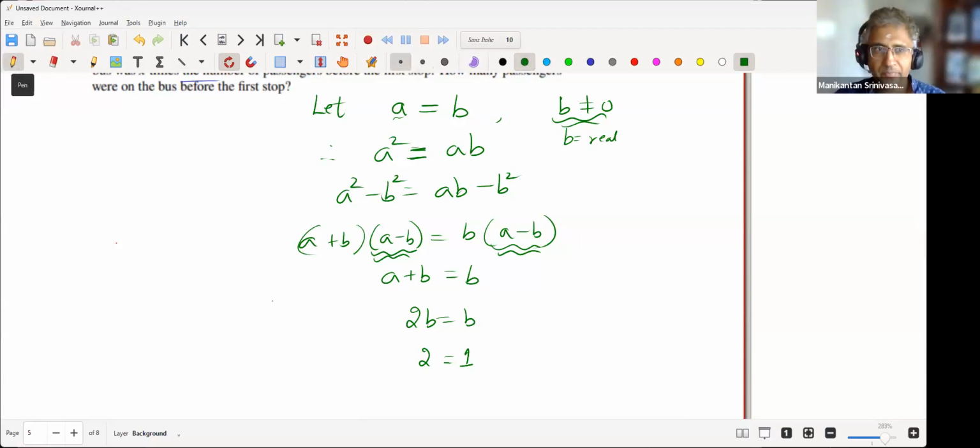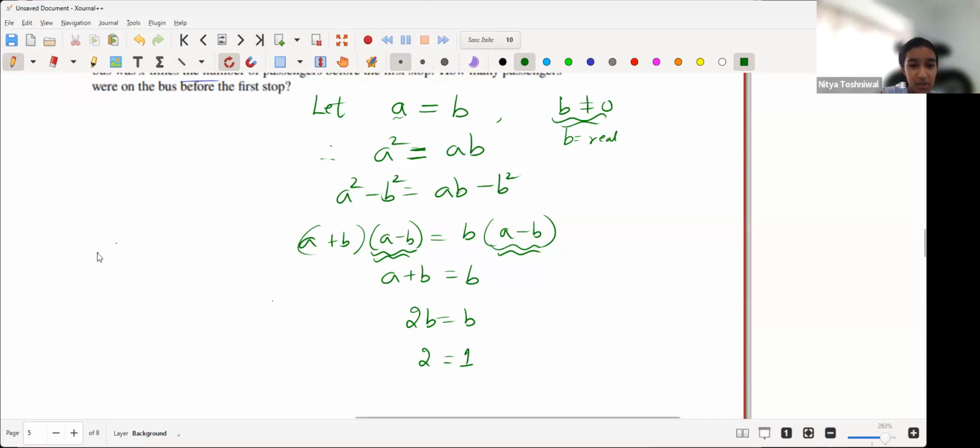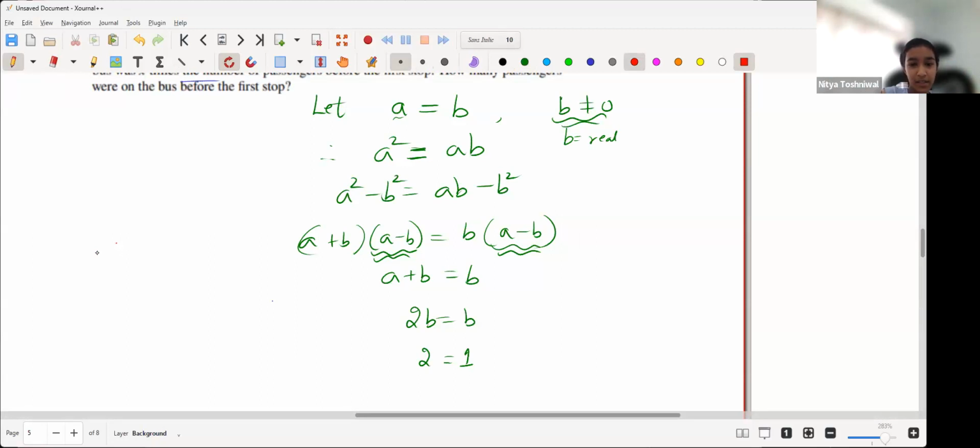Nithya, go ahead. I don't know if this counts, but would it be worth anything to know that A minus B is technically 0? Yes, you are on the right track, but not convincing yet.